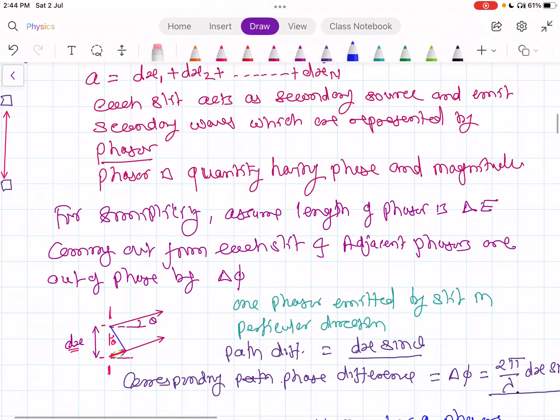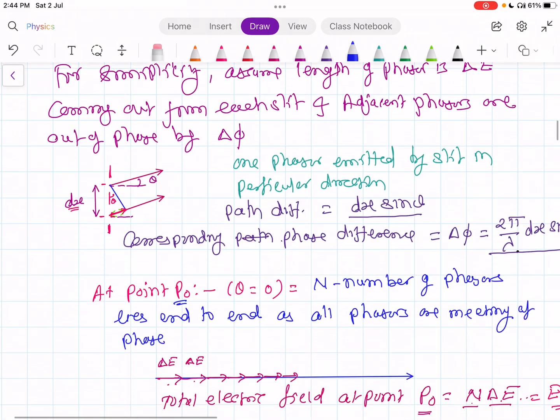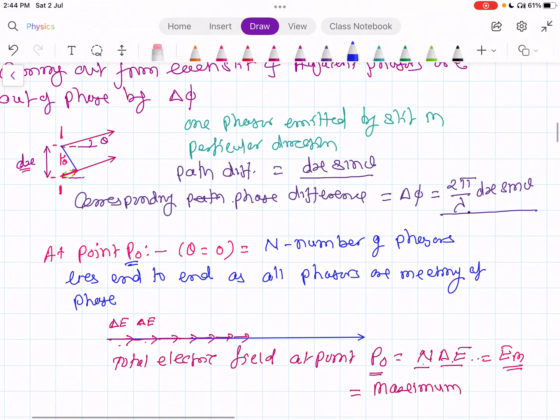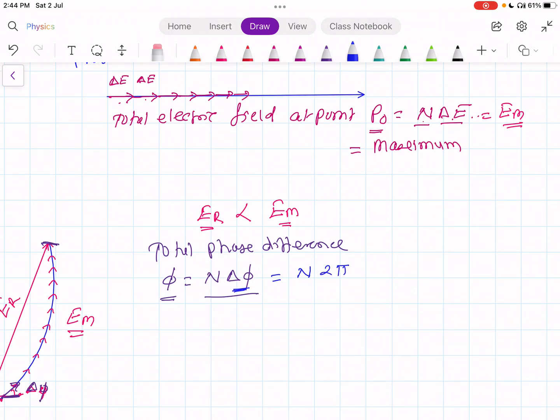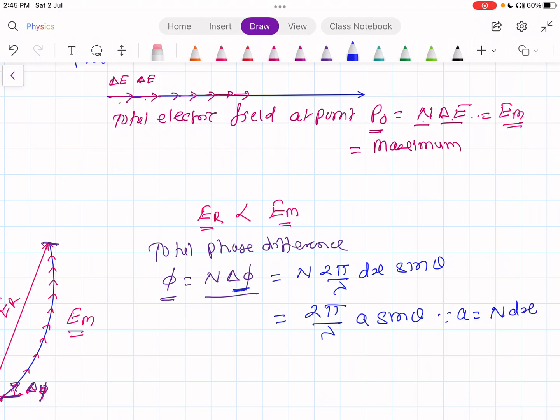Just now we saw what is the value of delta phi over here. This delta phi is equal to 2 pi by lambda dx sine theta. So this is n into 2 pi by lambda dx sine theta. That is equal to 2 pi by lambda a sine theta, as a is equal to n times dx. So we got the total phase difference 2 pi by lambda a sine theta.